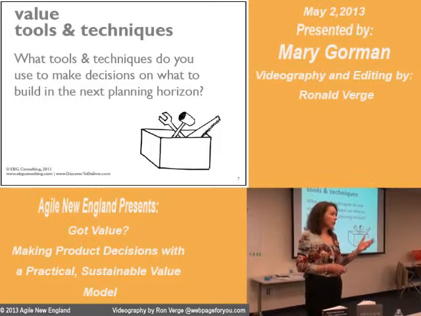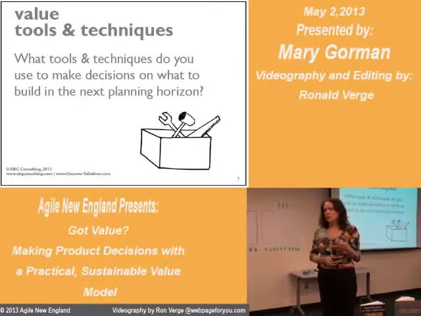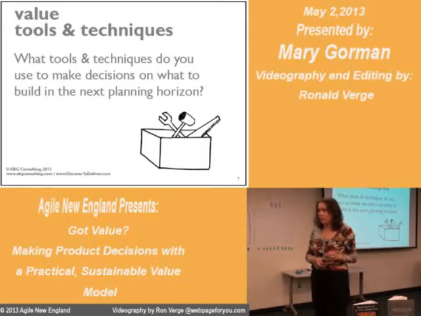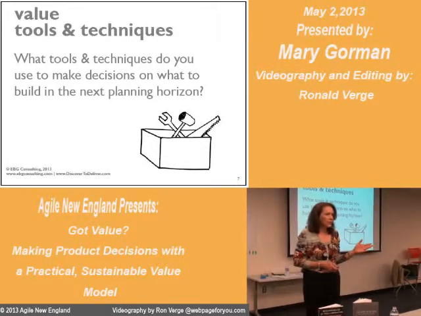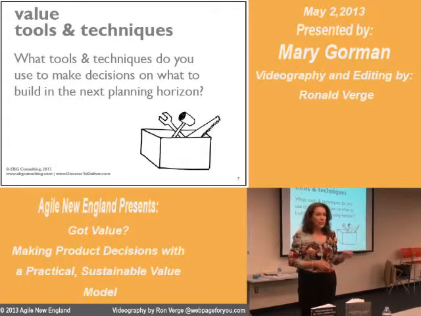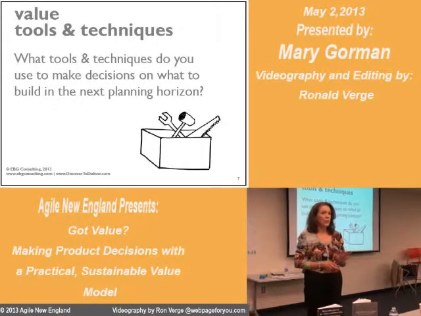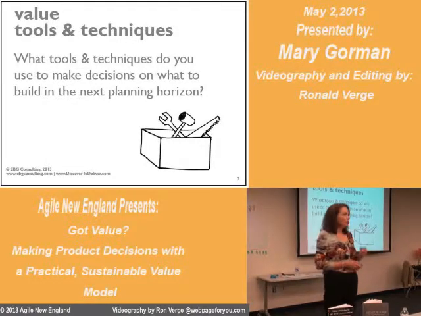Let me explain what those are. The first one is around any tools or techniques you currently use to define value for your backlog items. I'd be interested in you chatting in your team about those tools and techniques that enable you to make decisions and be able to plan.